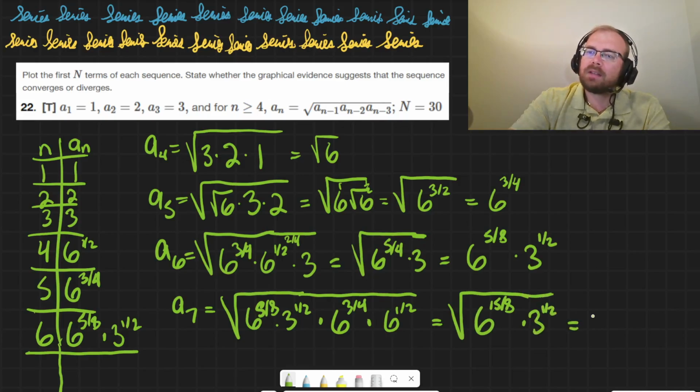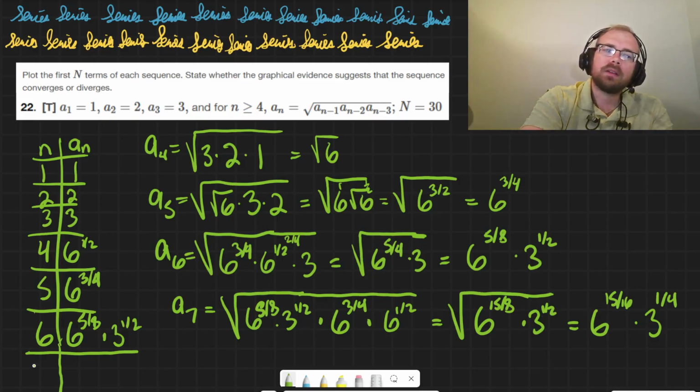All right, so then that's going to be 6, and then we have 15/8, but I'm going to take half, so 15/16, and 3 to the 1/4, because I'm taking half of a half again. So the 7th term is going to be 6 to the 15/16, and 3 to the 1/4.